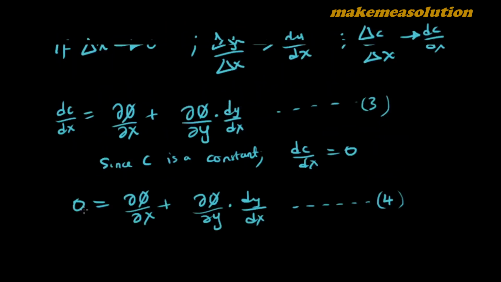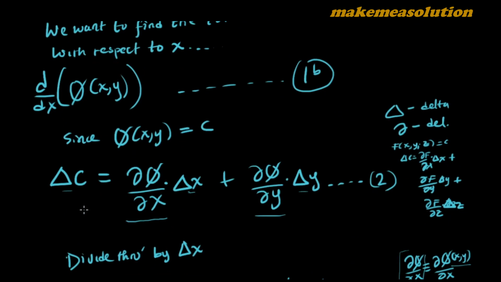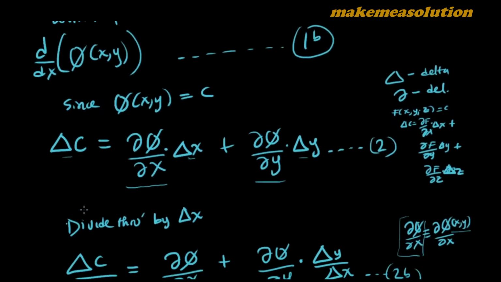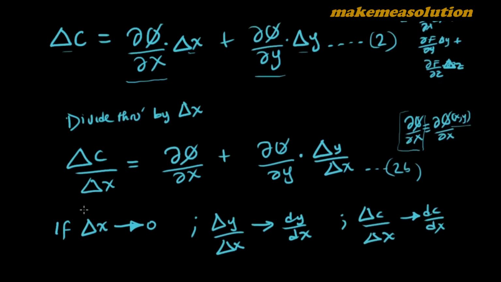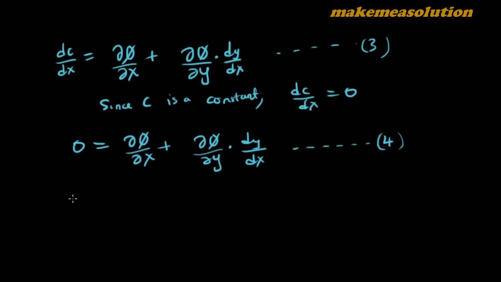So let me take us back to where we said it. In our equation 1b, our objective was to find the derivative with respect to x of phi of x comma y, and this is what we have at equation 4. Now let me show you something. We said that our phi of x comma y is equal to c.